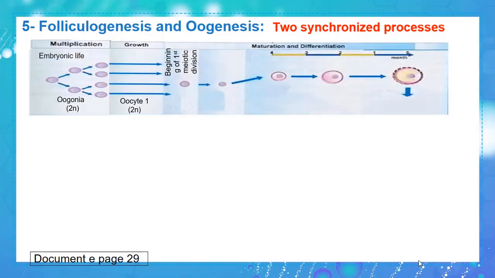Focus on the development of the follicles starting from birth till puberty. Then, 4 months before the first menses, the primary follicle develops into a cavitary follicle.